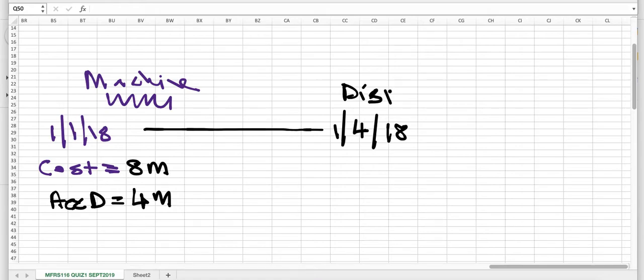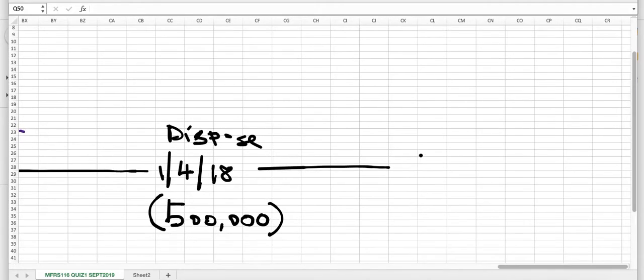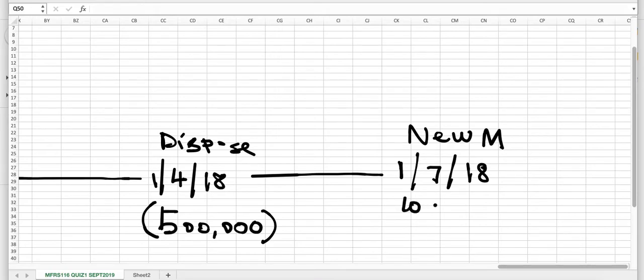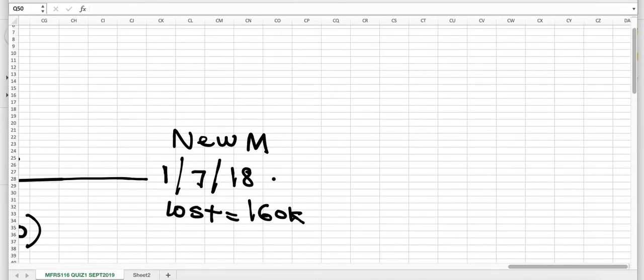So when you dispose, saya tunjuk yang relevant sahaja. You dispose yang 500,000 tadi. Cost dia 500,000 kan? Okay. And then on 1st July 18, you bought a new machine. So the cost is 160,000. Okay, you are preparing up to 31st December 18.